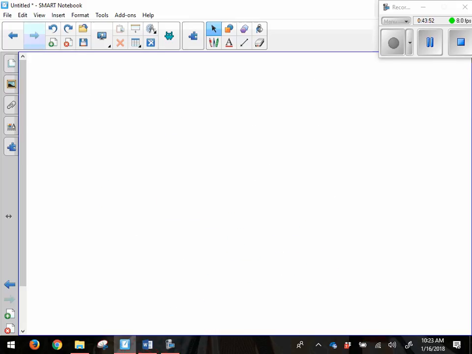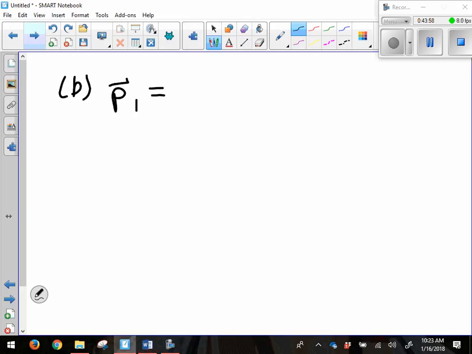Okay, so what's the momentum before going to be? But it's the same m, so actually I can just make it m v1. And if I have to express that in unit vector notation, what am I going to write?